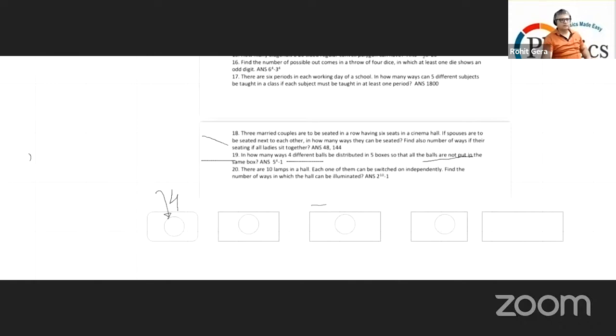So if you put one of the balls here, you're left with three balls now. You have to fill up five spots using four balls.